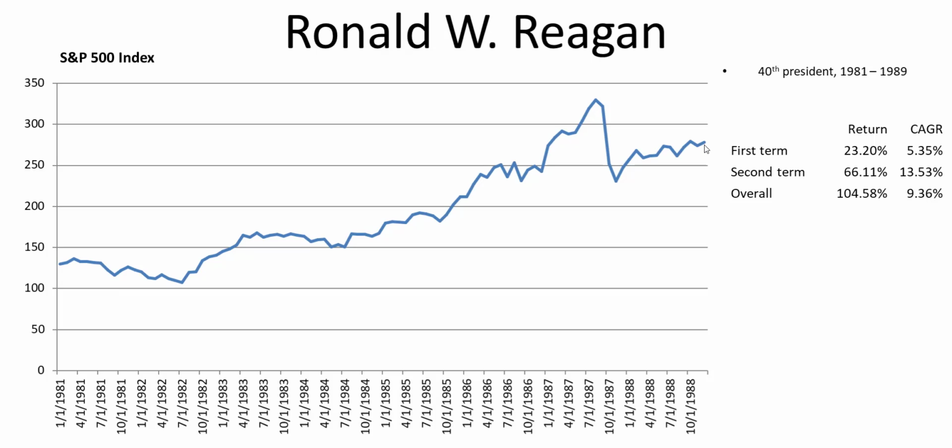Over his two terms, the economy saw a reduction of inflation from 12.5% to 4.4% and an average real GDP annual growth of 3.6%. Reagan enacted cuts in domestic discretionary spending, cut taxes, and increased military spending, which contributed to increased federal debt overall. From a stock market perspective, the return during his first term was 23.2%, which corresponds to a compound annual growth rate of 5.35%.